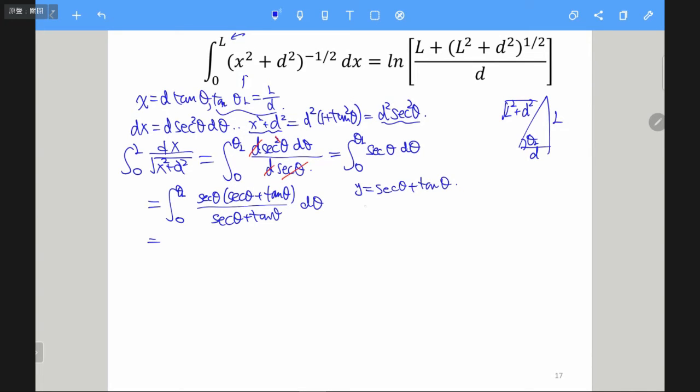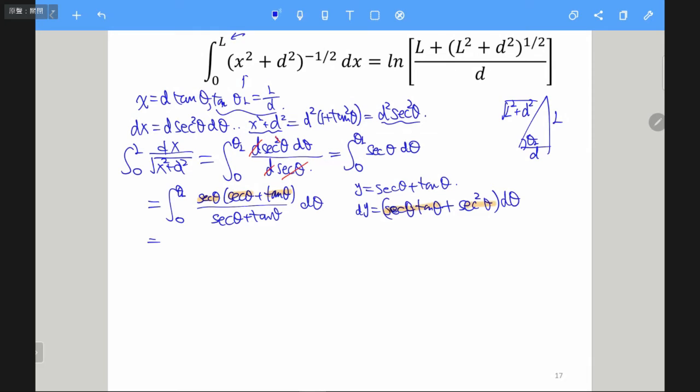So we have dy equals secant theta tangent theta plus secant squared theta d theta. If you look at this, it is secant squared and secant tangent, which is actually this one and this one.